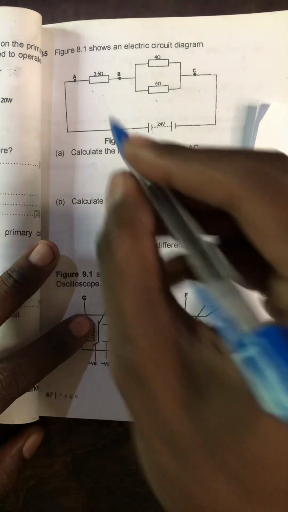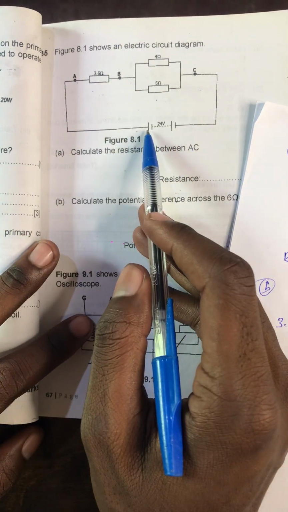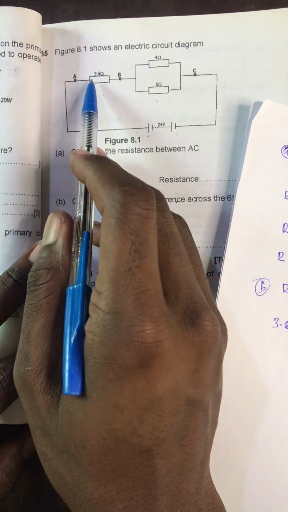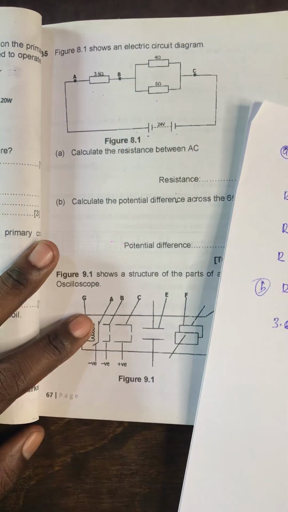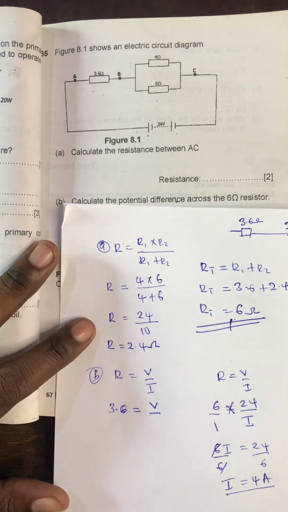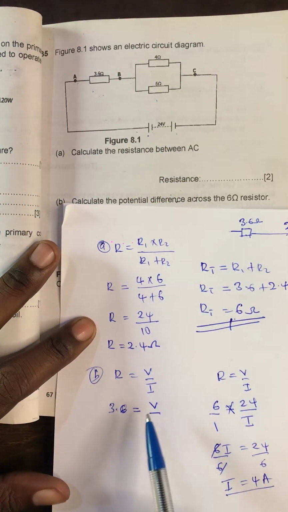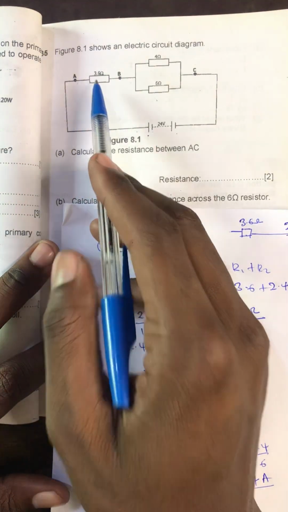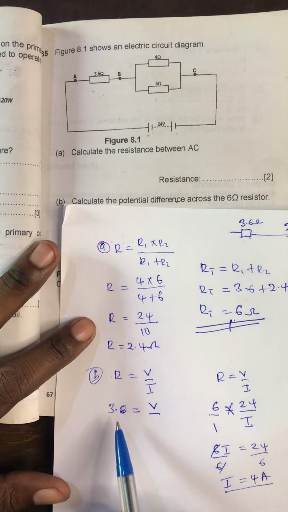So the current flowing through, because remember current flows from positive to negative terminal in that direction. So the current flowing here is 4 amps, right? It is 4 amps. So how do we get the voltage here? We say resistance equals voltage over current. The resistance here is 3.6. We've put that 3.6 there.